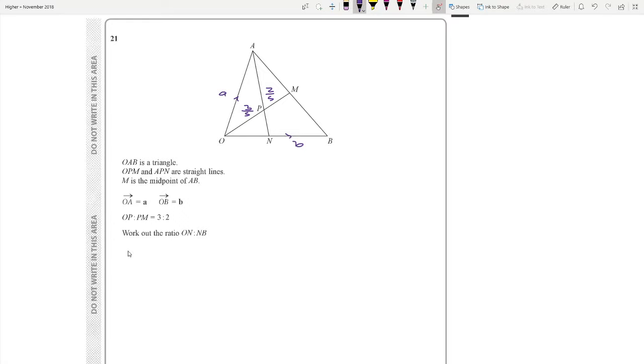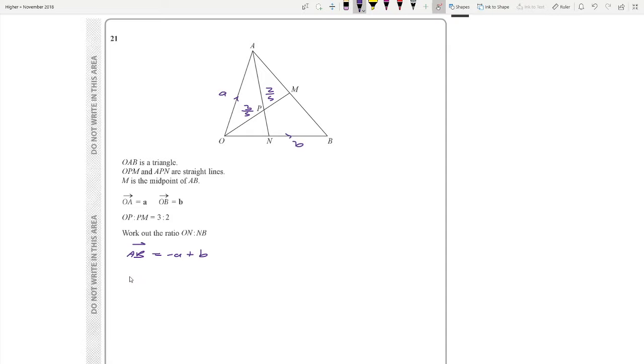So I start by working out vector AB. I want to write as neat as I can. A to B is going to be AO add OB, so that's going to be minus A add B. Now that we know AB, which is this line here, we can now work out AM as well, because we're told that M is the midpoint.